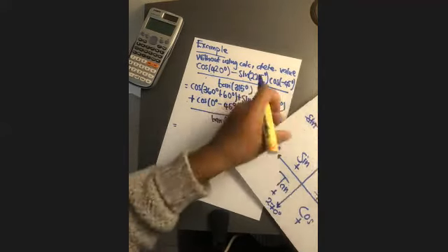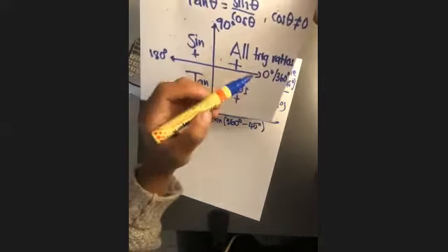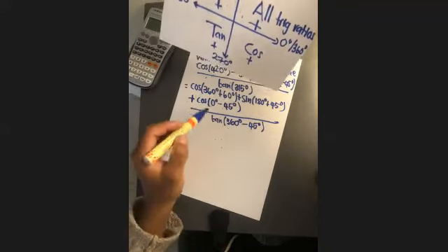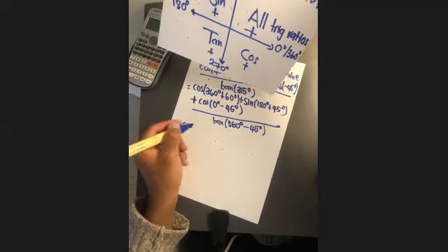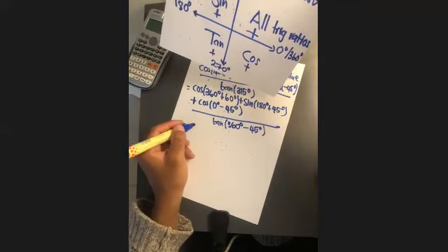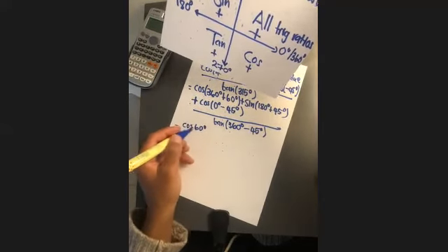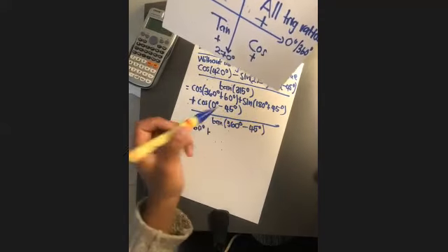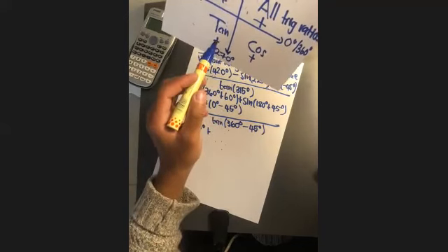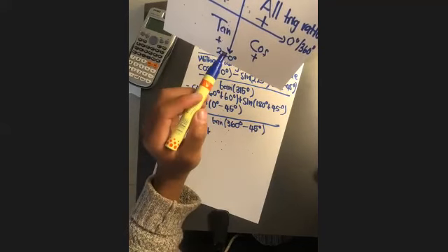So yeah, we know that all the trigonometric ratios in the first quadrant are positive. So this is just going to be cosine of 60 degrees plus, and then we know that this falls in the third quadrant where only tan is positive.